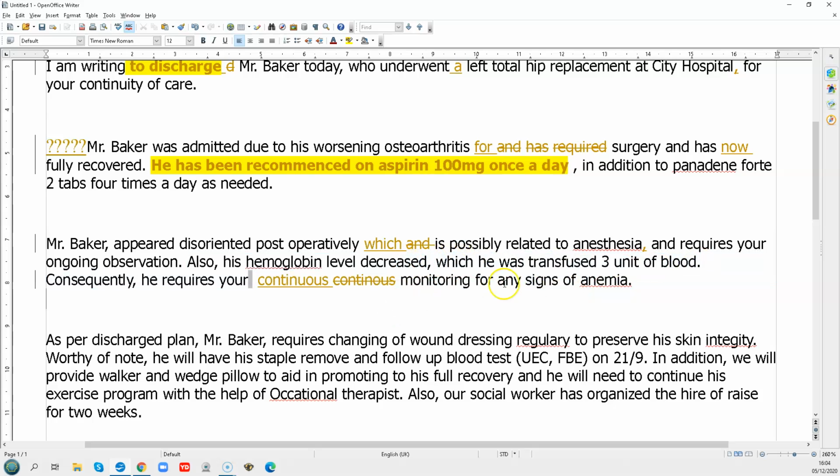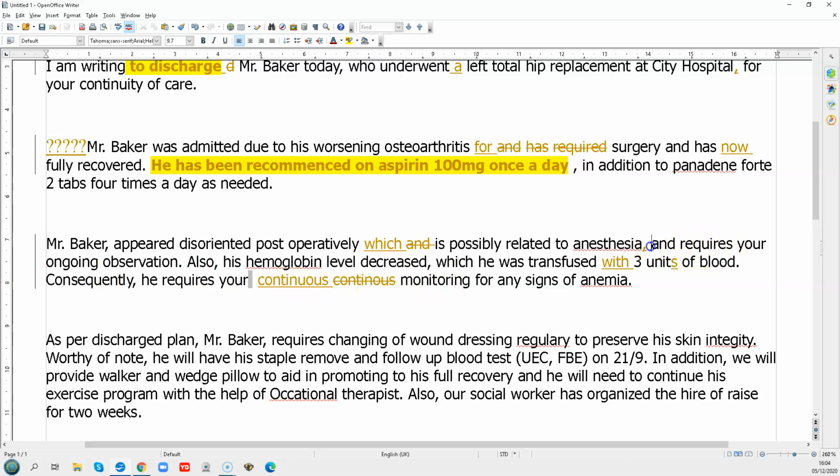His hemoglobin, for which he was transfused with 3 units of blood. Okay. And then, now, you don't need to put consequently or as a consequence of. You could simply say subsequently, afterwards, or just he requires your continuous monitoring in terms of anemia and ongoing observation.